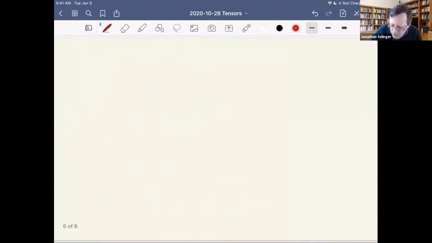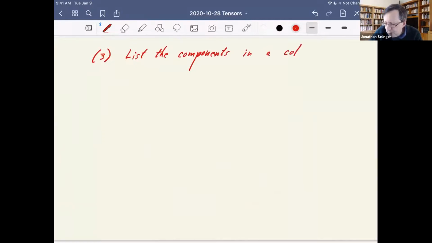Okay, a third possibility is that we can list the components in a column. So we could write V equals Vx, Vy, Vz. Or we could list them in a row.